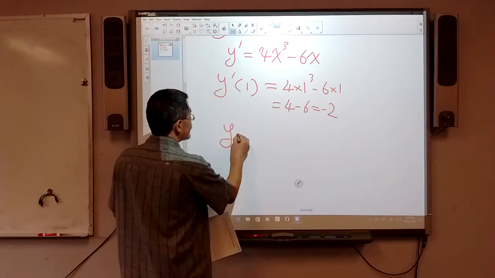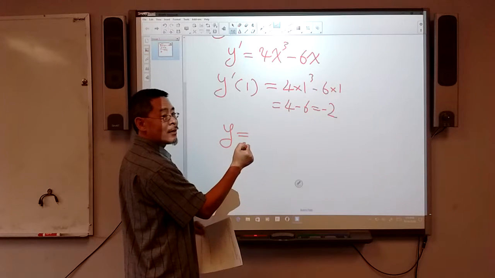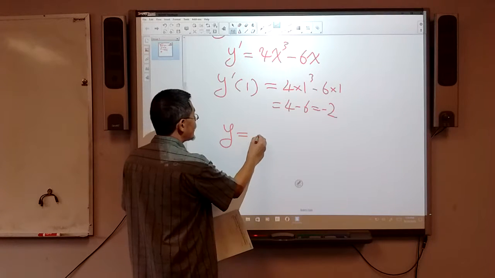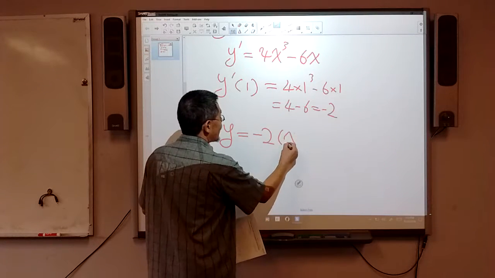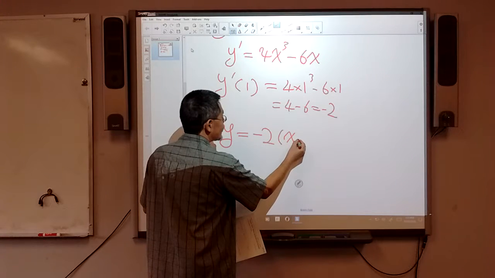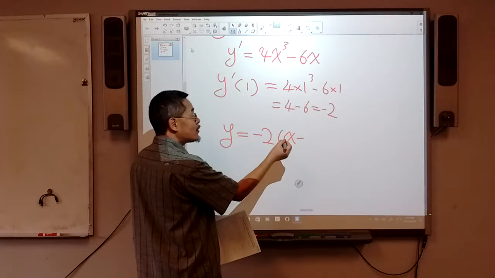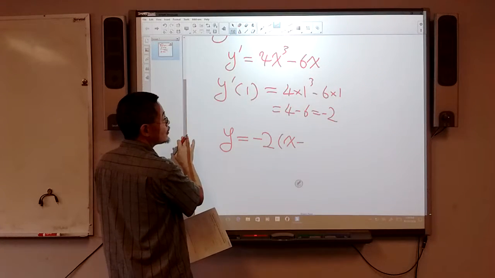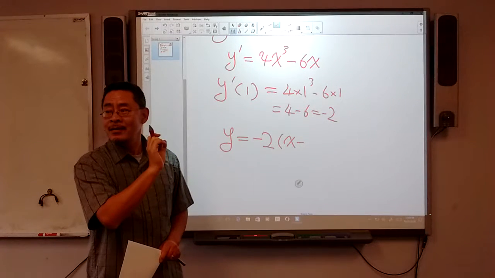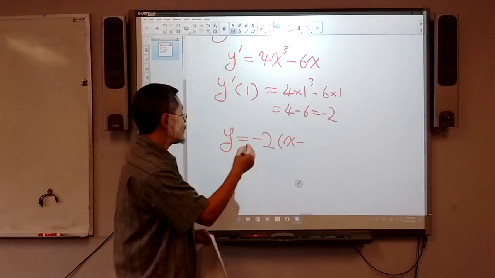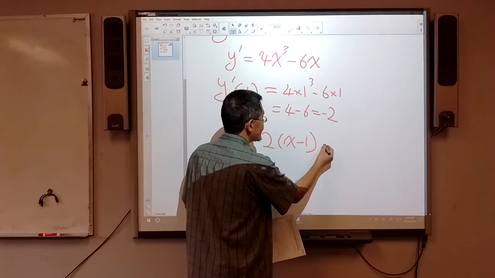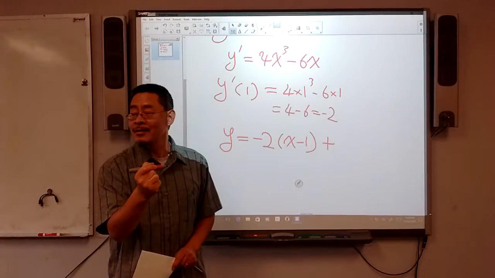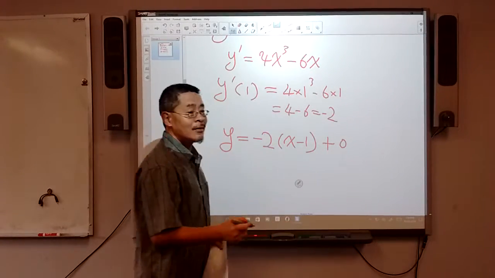Now we can write the equation, the function. So y equals, how do we write that? Point slope form. Negative 2 times x minus 1 plus 0. Remember, we have slope and we have a point.